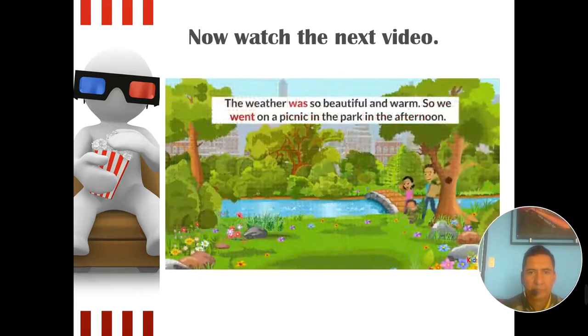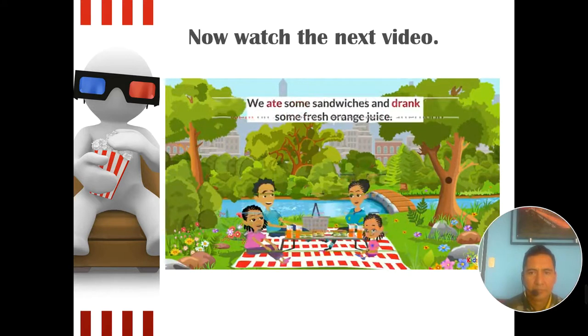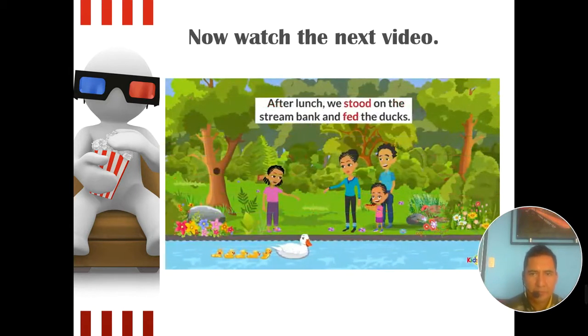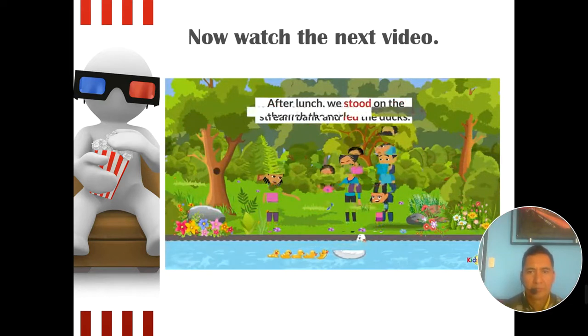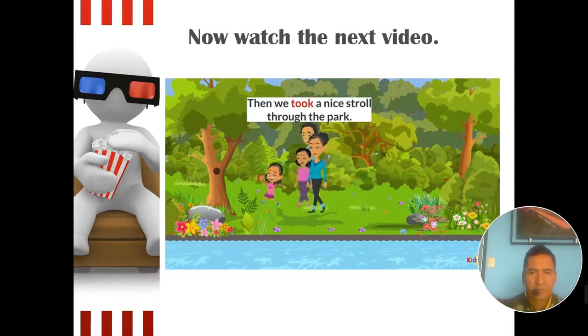The weather was so beautiful and warm, so we went on a picnic in the park in the afternoon. We ate some sandwiches and drank some fresh orange juice. After lunch, we stood on the stream bank and fed the ducks. Then we took a nice stroll through the park.